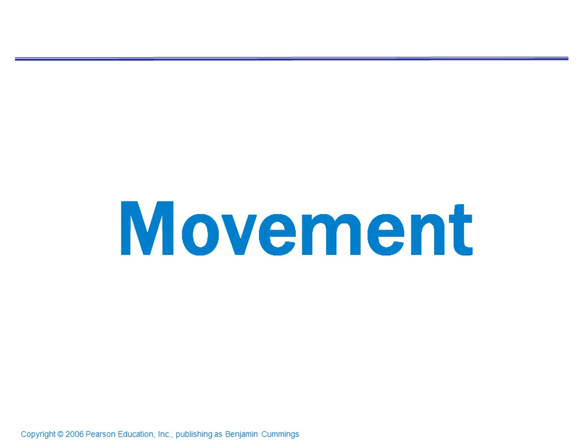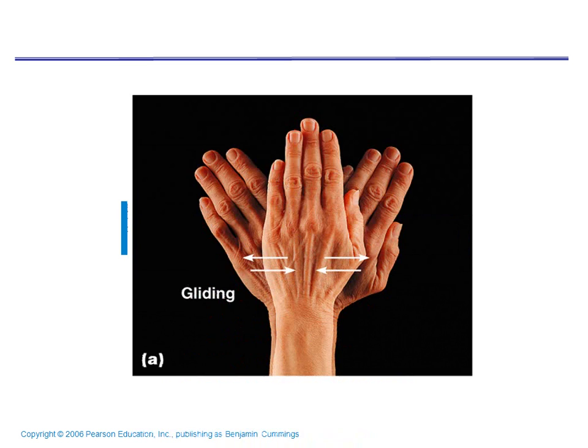Then we moved on to movement, and literally, I had you moving in the room. There were different categories of movement. There's gliding, there's angular, there's rotation, and then there's special. Gliding occurs when you have two flat surfaces moving against each other. This would be between carpals and between tarsals.